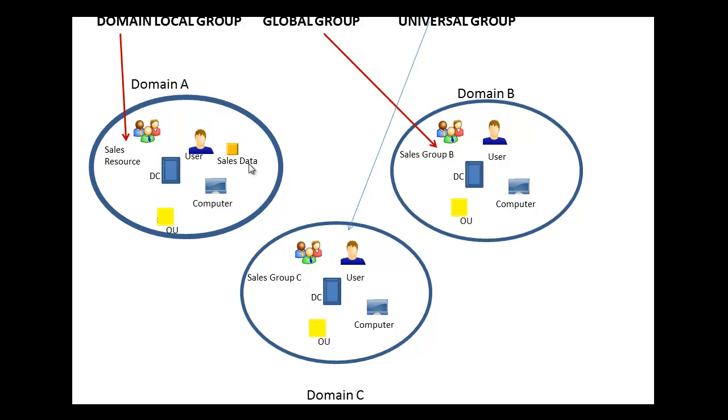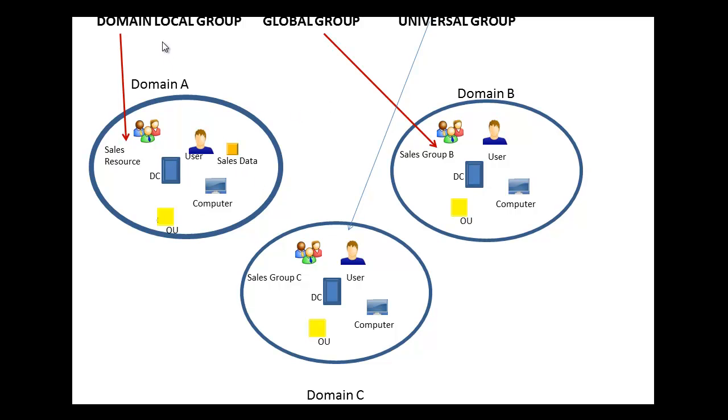This folder has all the sales information, not only for domain A, but it has information that salespeople in domain B would like to access and salespeople in domain C would like to access. Microsoft has a recommended method of accessing data.